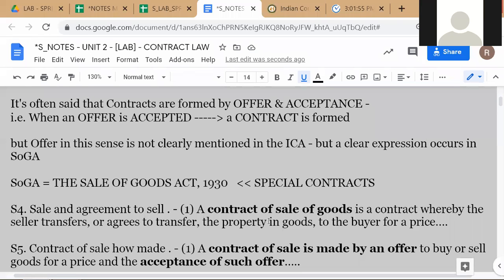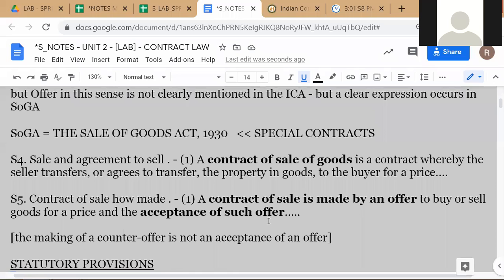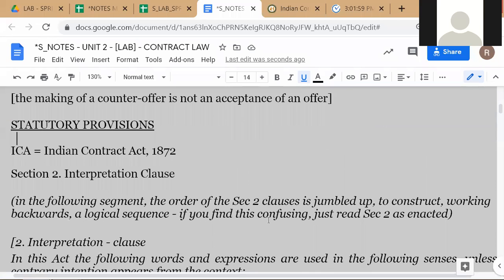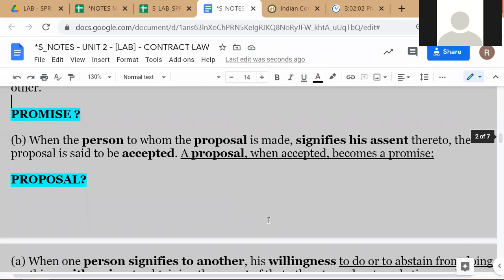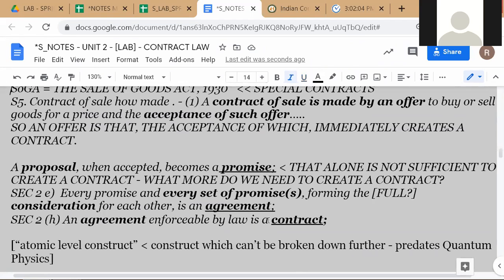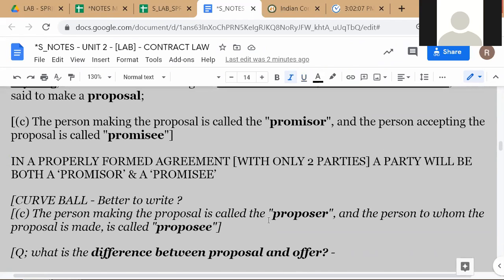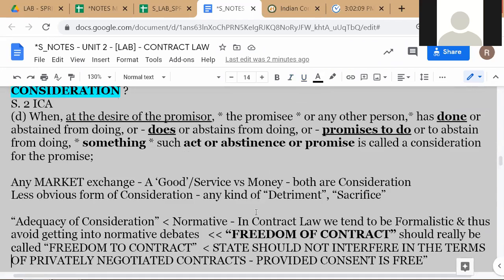Remember, it has to be that the party has provided consideration. Okay. Whereas, let's go down further. It has to be that the party has provided consideration, right? Any other person has done something, okay? Any other person, that means third party, has done something.